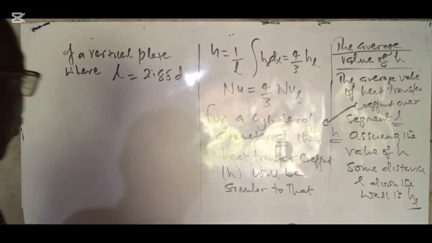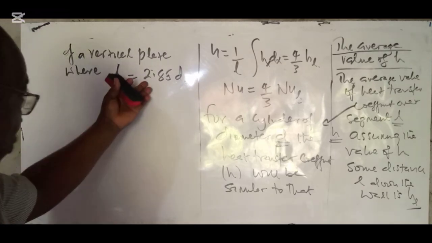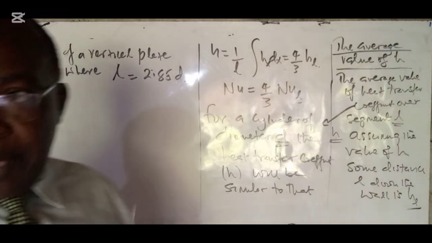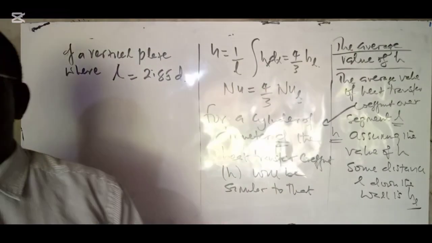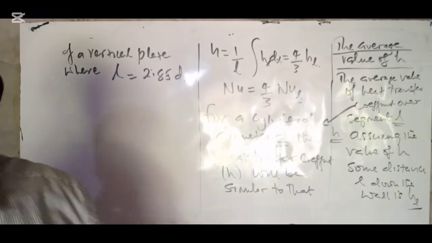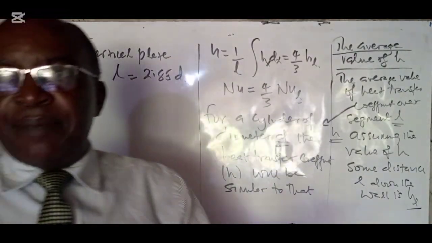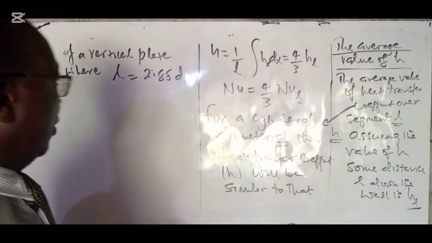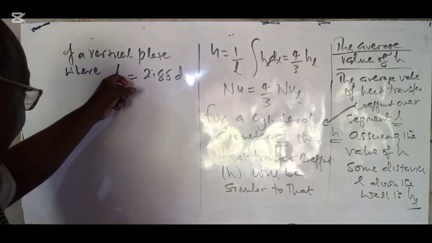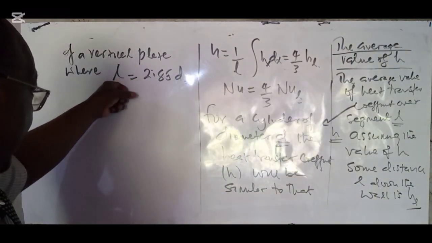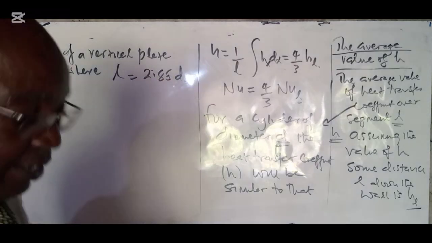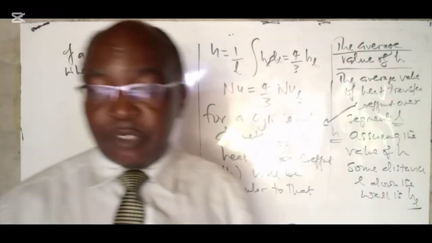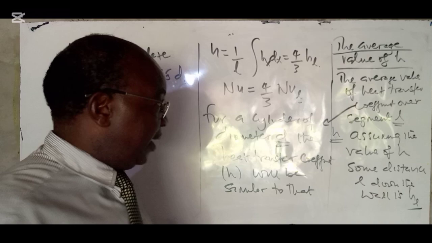So the length of that vertical plate will be 2.85 times the diameter. So when you're dealing with a cylindrical pipe, its heat transfer coefficient will basically be the same as that of a vertical plate whose length L is 2.85 times D. So that's a very important thing to note.